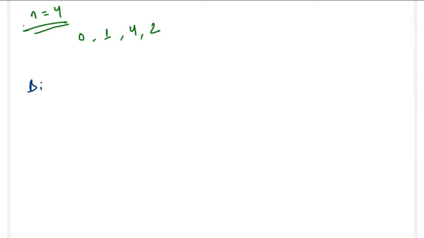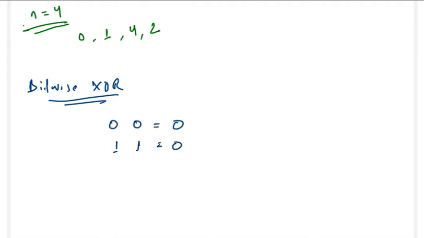So we will be using the bitwise XOR operation to solve this problem. Now if you don't know what a XOR operation is, XOR of same bits gives 0 and the XOR operation between different bits gives 1. That is 0, 1 and 1, 0 will give 1 while 0, 0 and 1, 1 gives 0. Now this makes sense because XOR of same numbers is 0.